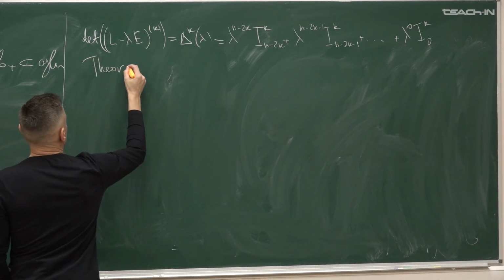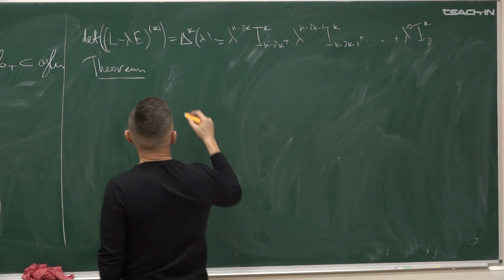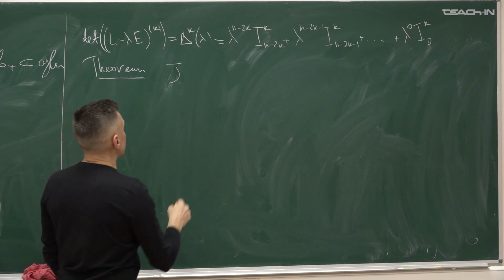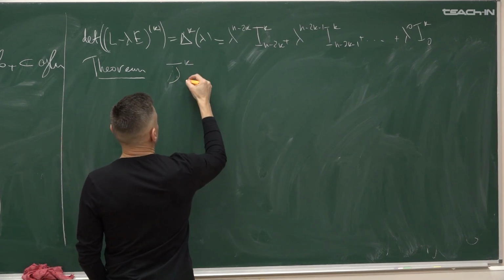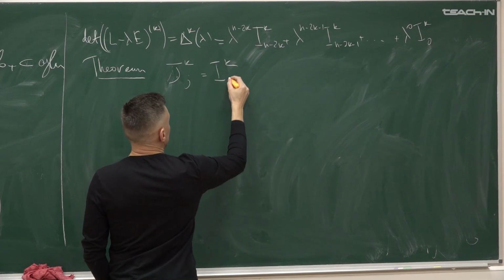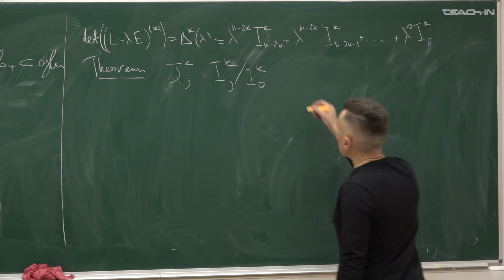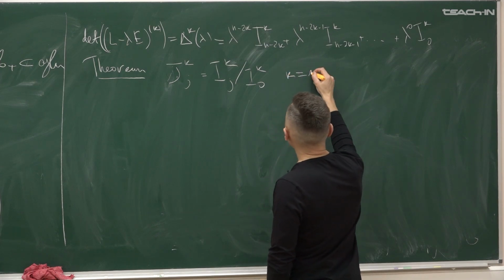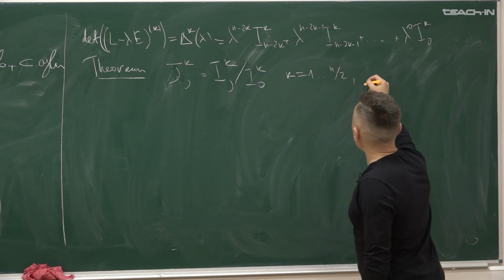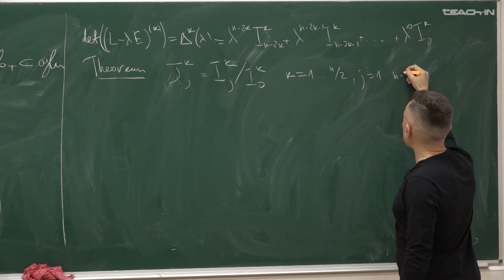Theorem. The theorem is the following. We introduce functions I_{kj} divided by I_{k0}, for k from 1 to n over 2, and j from 1 to n minus 2k.